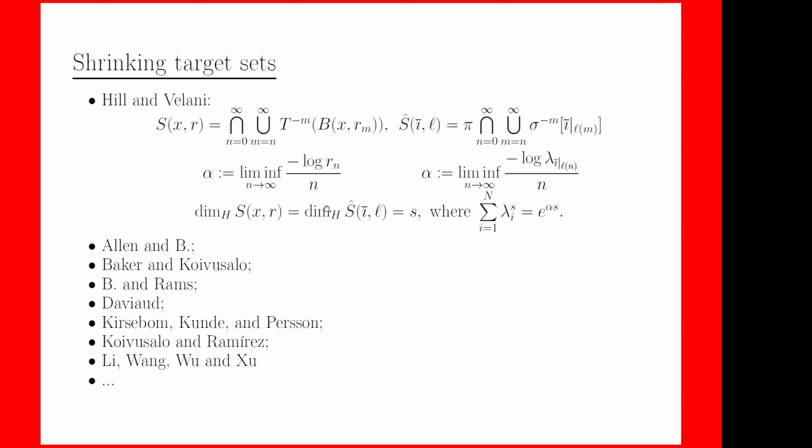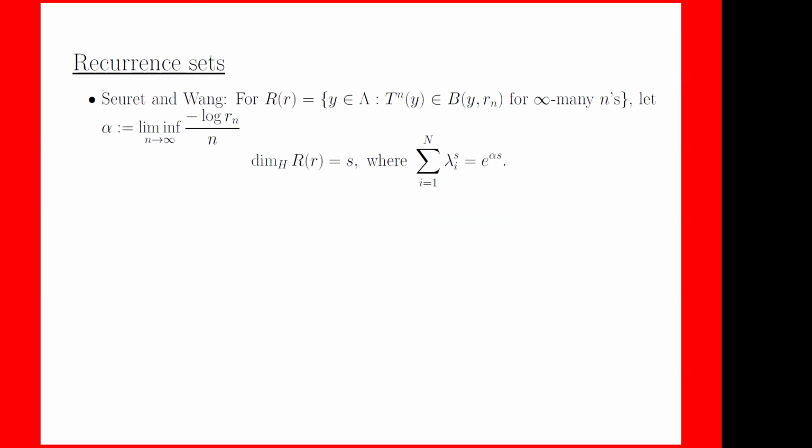And the Hausdorff dimension of both shrinking target sets will be the unique solution of this equation. So in the shrinking target case, there is no big difference between these two. In the case of recurrent sets, there is. Surrey and Wang showed in that case that if you are considering this geometric aspect of recurrent sets, then it basically behaves like shrinking targets.